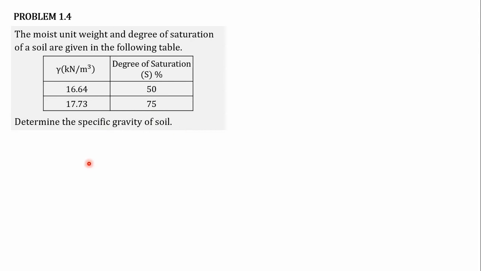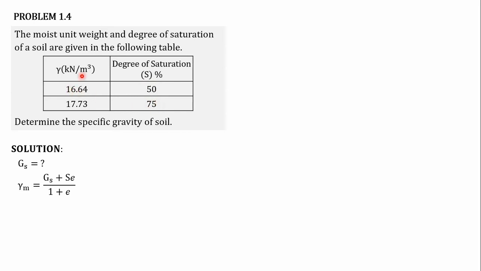So, yung tanong is how to solve Gs. Solution. We know that the moist unit weight, moist unit weight yung gamitin natin, because tingnan niyo yung degree of saturation niya, 50% at 75%.